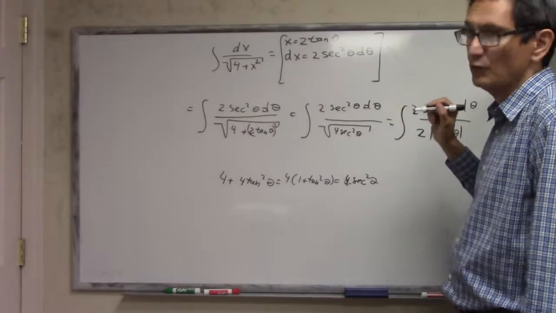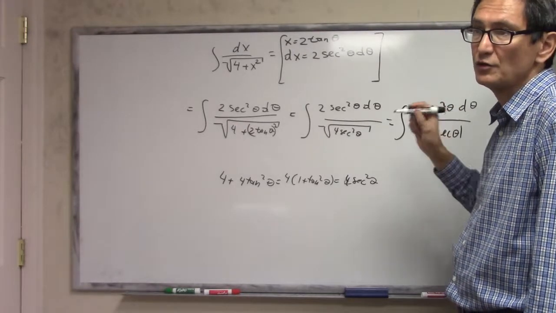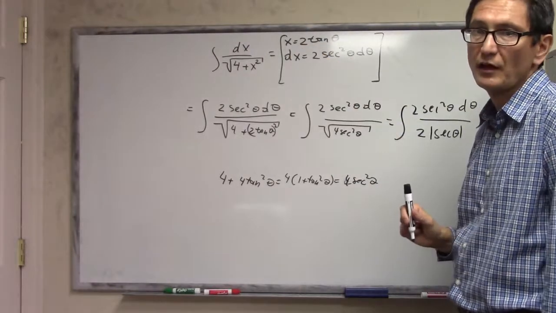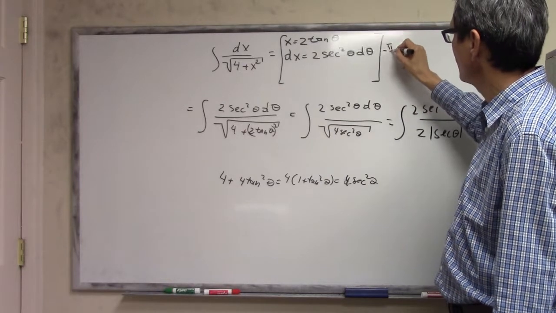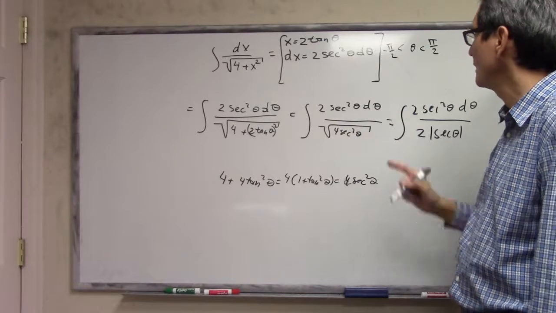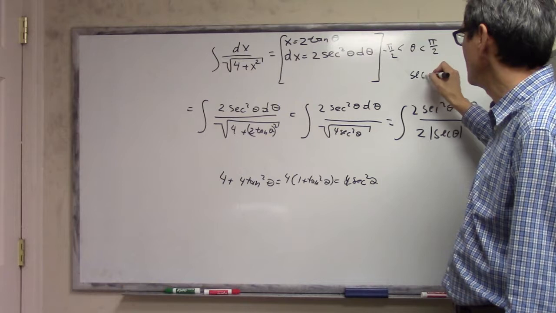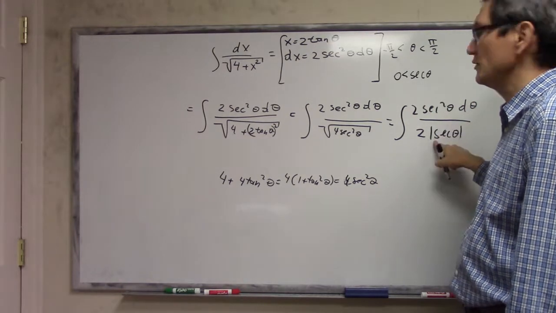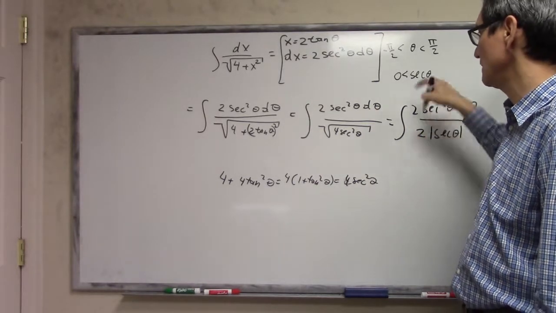So if you recall that tangent between negative pi over 2 and pi over 2 goes from negative infinity to plus infinity, and we want x to run from negative infinity to infinity, then theta between negative pi over 2 and pi over 2 is good enough for us. But if theta is between negative pi over 2 and pi over 2, then secant theta will be positive. So the absolute value of secant theta will be just secant theta.